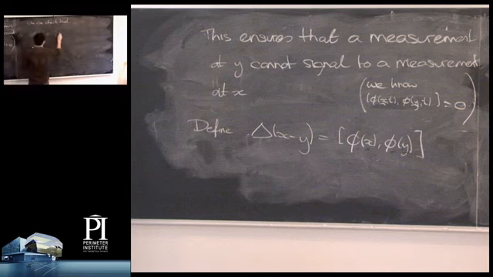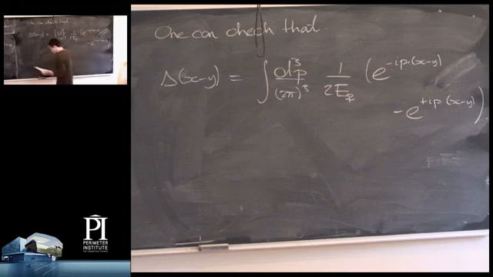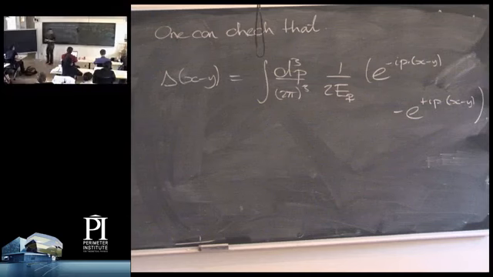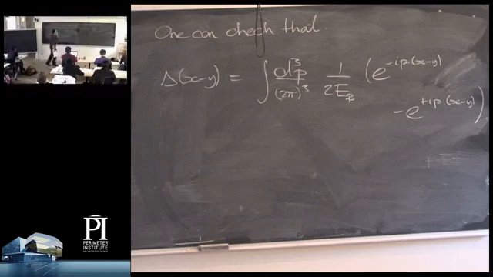Again, a simple calculation: plug in the mode expansions, do the commutations. There'll be delta functions from the commutations, and this is what you get. Okay, so things to note.